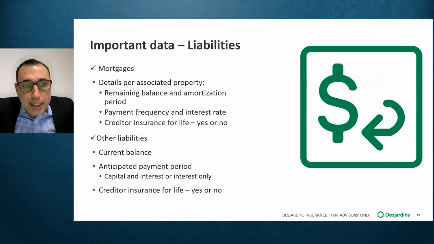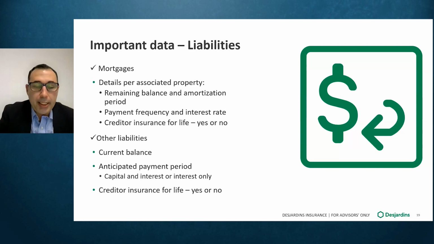Liabilities. So on the debt side, you can actually tie the property and tie in a mortgage. In many of these scenarios that we run, even if we tie in a mortgage, depending on life expectancy, the debt would be paid off by then, just given the amortization on the associated mortgage.